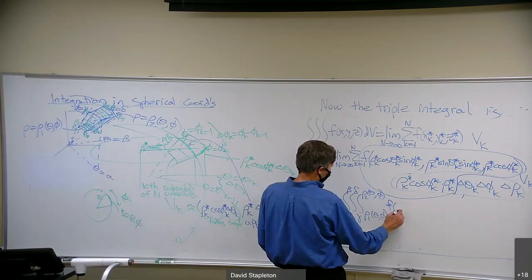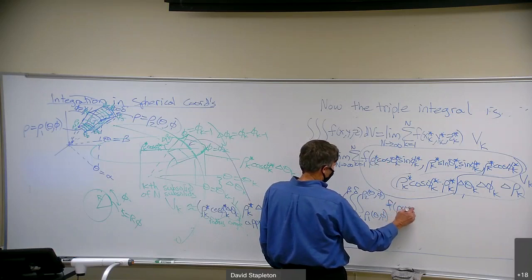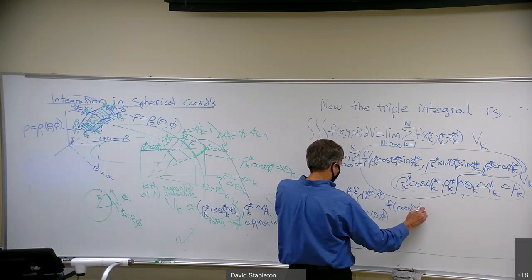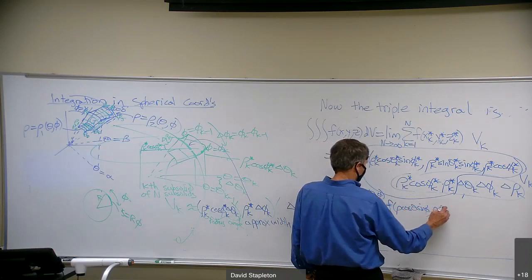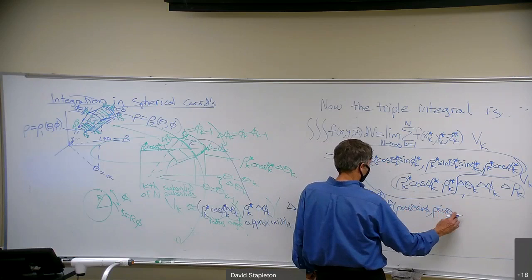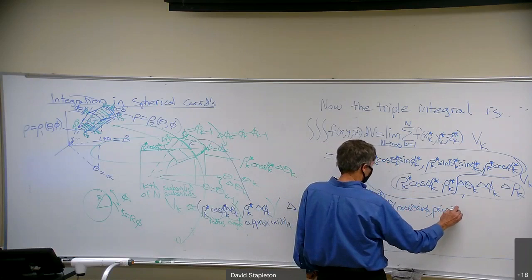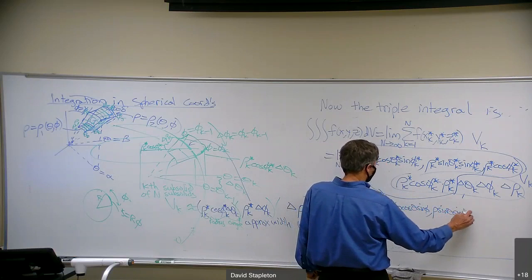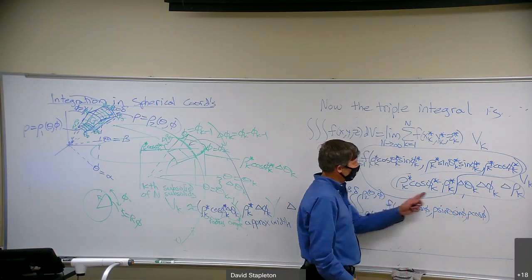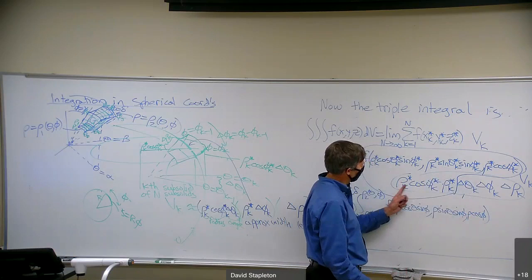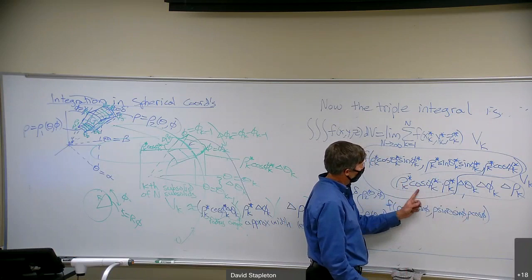This is f of rho cosine theta sine phi, rho sine theta sine phi, rho cosine phi. And then the little volume element here is rho squared cosine phi.